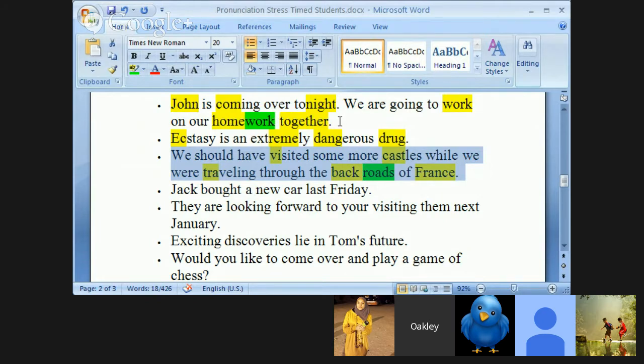This is basically the entire point of today's lesson: just because a sentence is very long does not mean that we should speak it over more time. Not necessarily. Sometimes a very short sentence will actually take longer to speak than a long sentence.